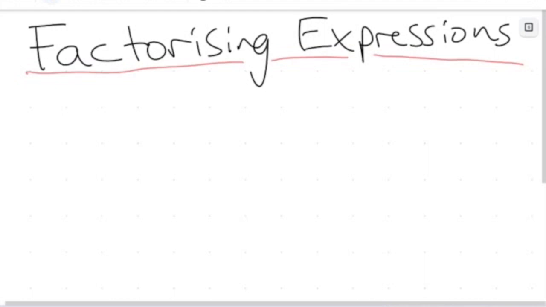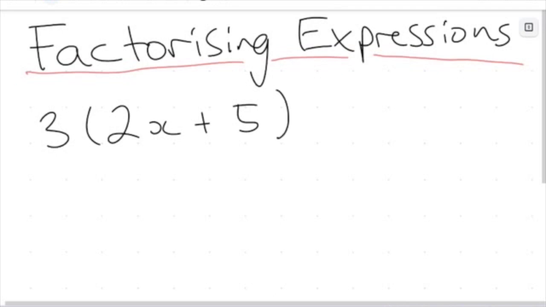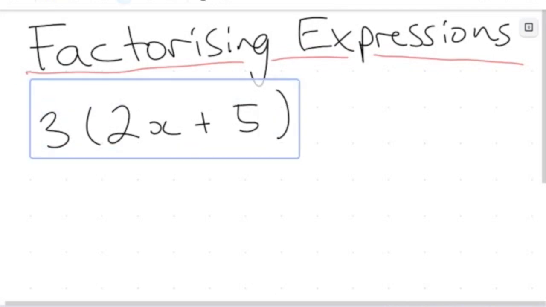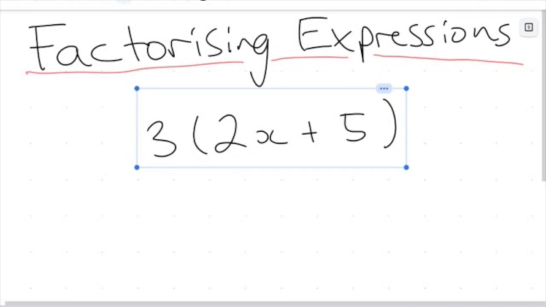Because to understand factorization, we need to first recall what we mean by expansion. So factorization is actually going to tell us a lot about expansion and vice versa. So we need to just quickly revise this idea of expanding the brackets, right?